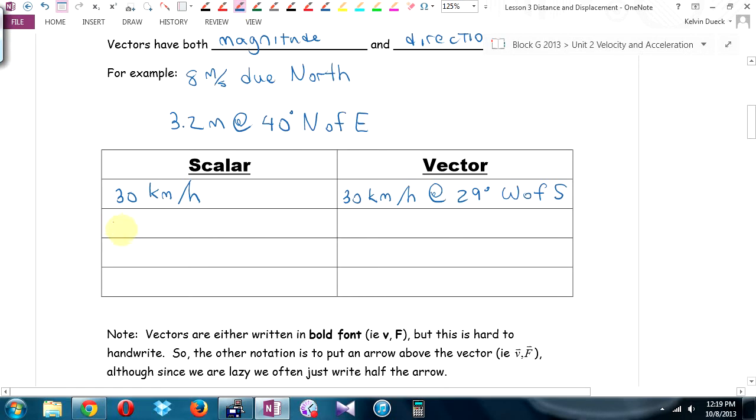Scalar would be 12 meters. Vector would be 12 meters due north. Scalar could be an acceleration of 5.5 meters per second squared.